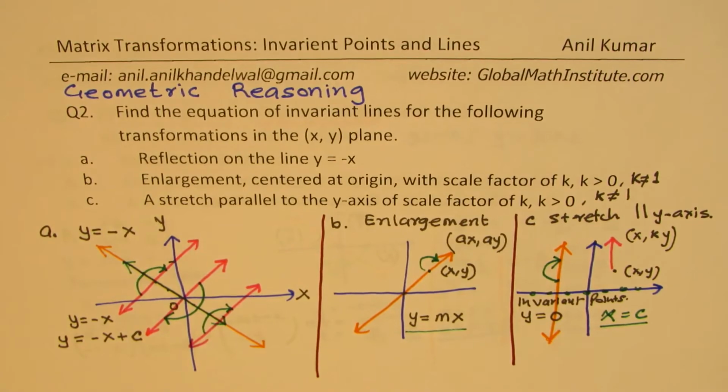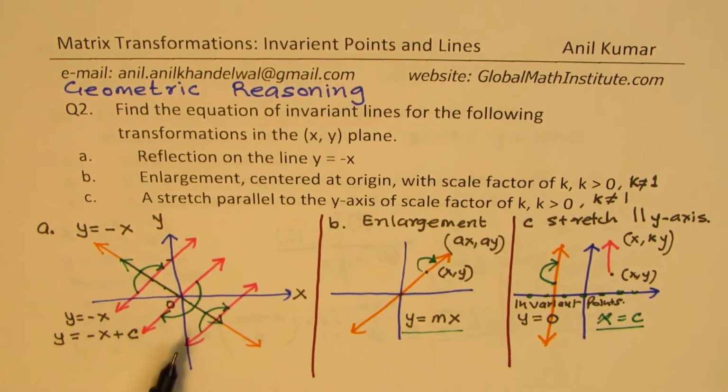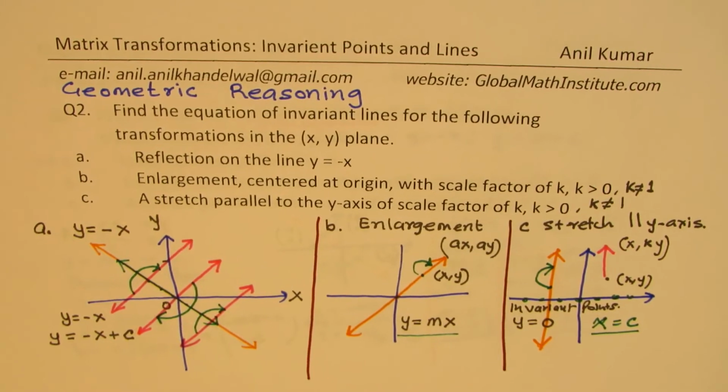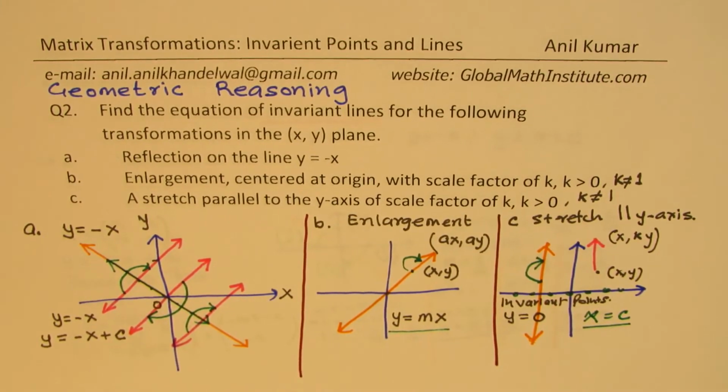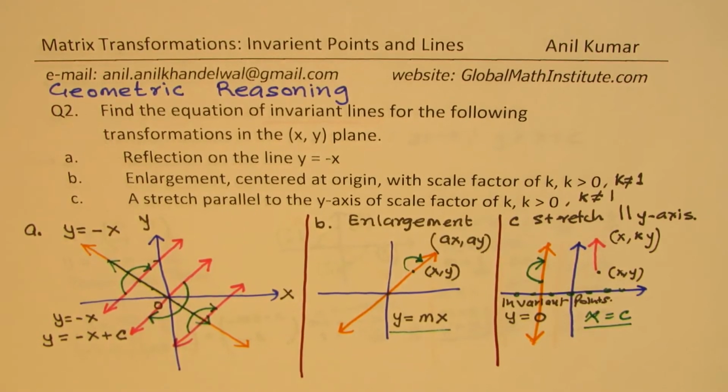So once again, here we have our solution y equals minus x was the line which was symmetric on itself, right? Since it is the same points, they are not reflected, so every point is invariant, and the lines which are perpendicular to it are also invariant.